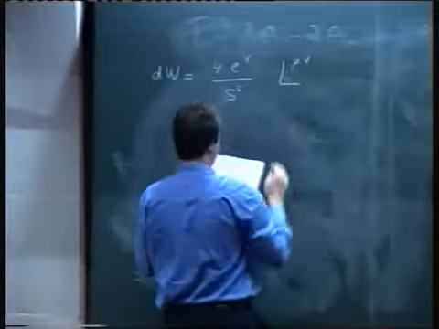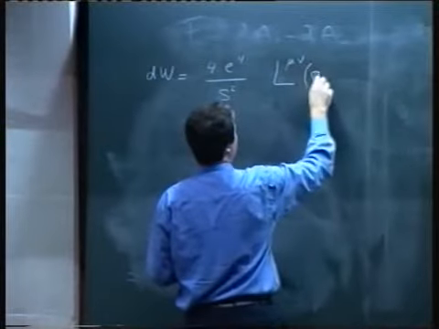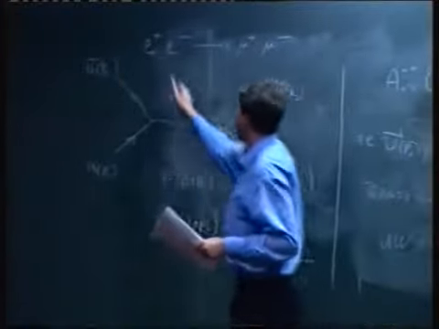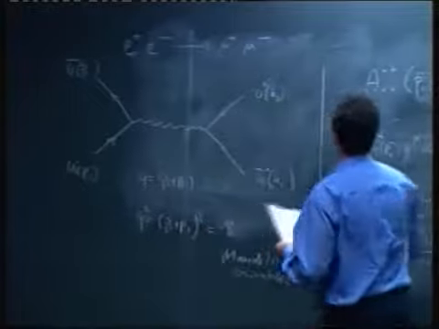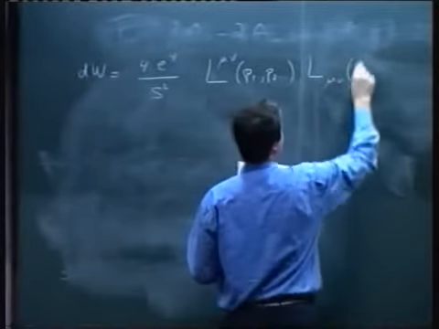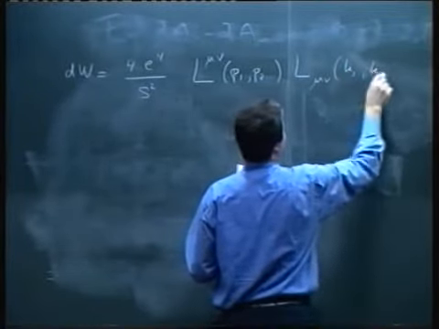I'll introduce a symbol L^μ, which is a function of p1 and p2, which is going to describe this part of the diagram. And then there's a similar function for the other part of the diagram, which I'll call L^μ of k1 and k2.